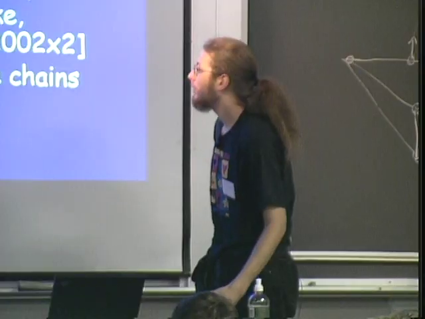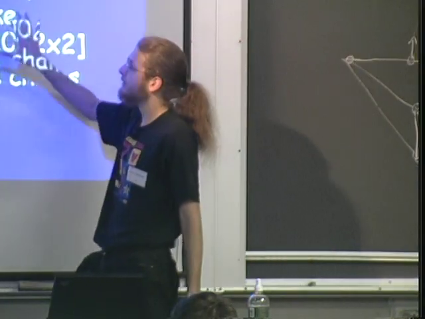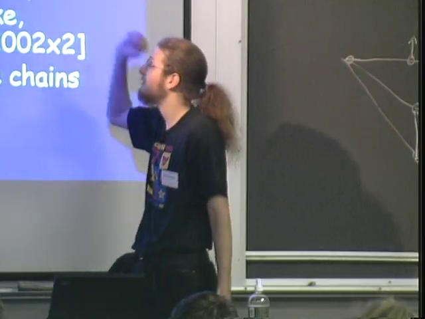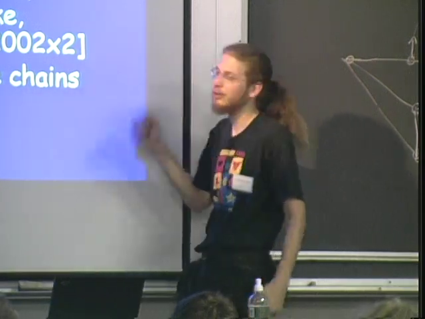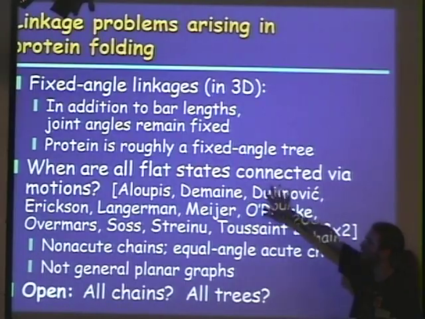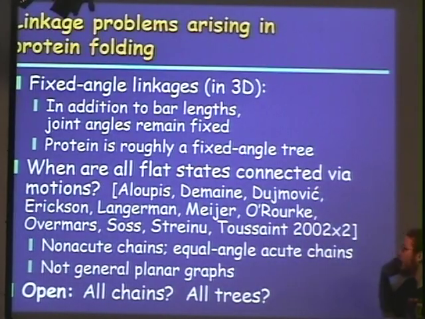And one nice question you can ask is if you look at all of the flat states, all of the flat configurations of a fixed angle linkage, when are they all connected by motions? That seems to be a key question about flexibility. You can't hope to get a connected configuration space, but you could at least hope to get the flat states connected.